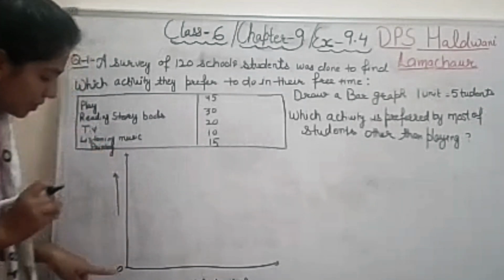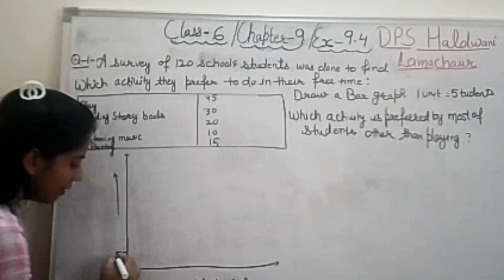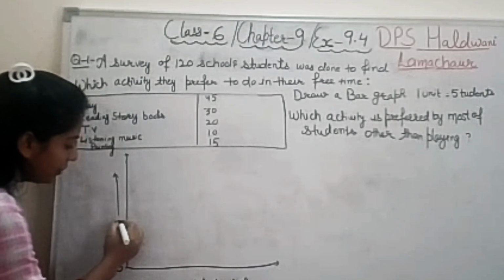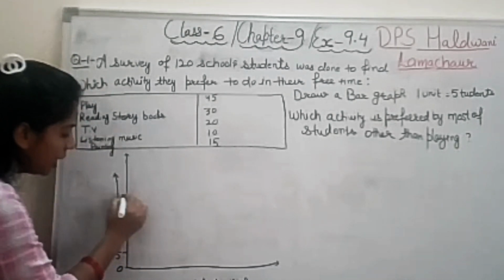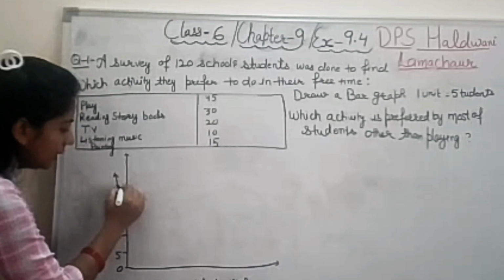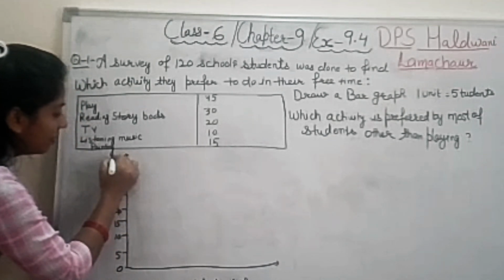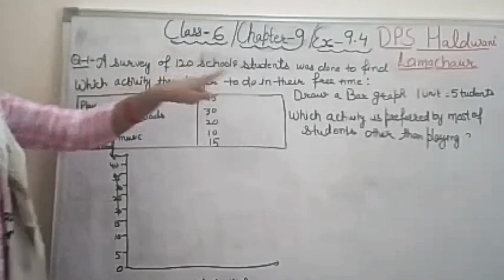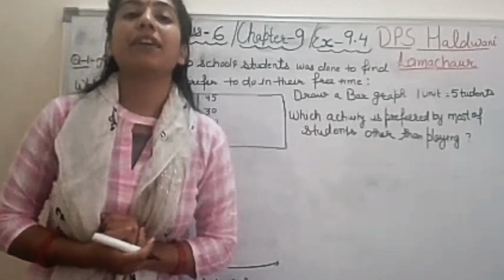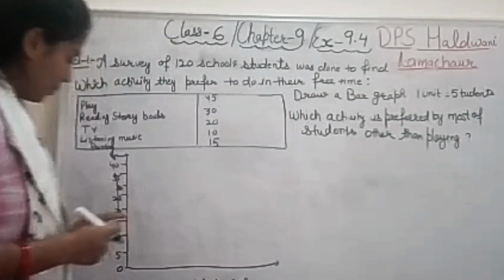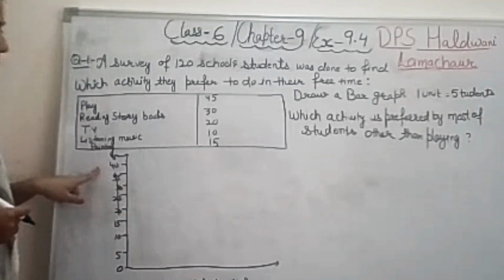Start from 0. So 0 to 5, 5 to 10, 10 to 15, 20, 25, 30, 35, 40, and then 45. Because it's given to you that 1 unit is 5 students. So we have taken a 5 student gap.